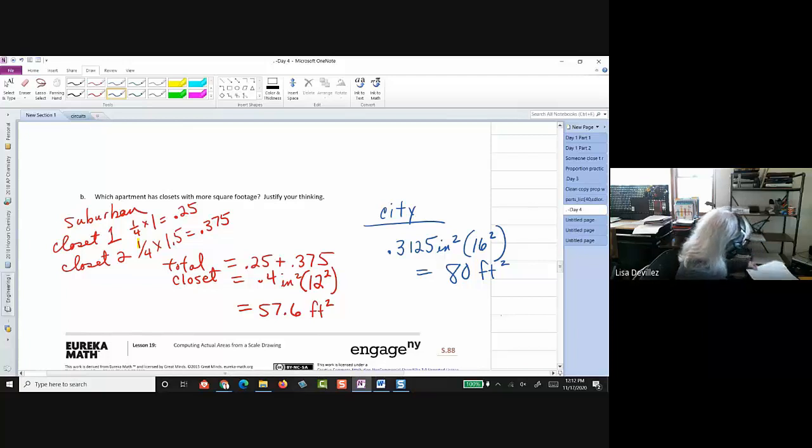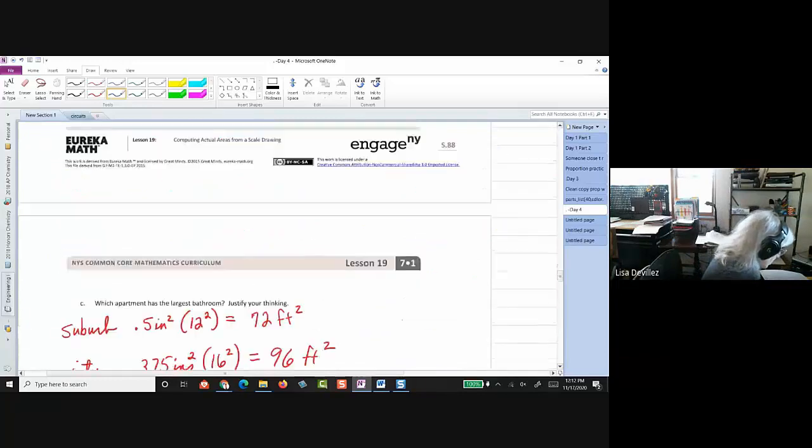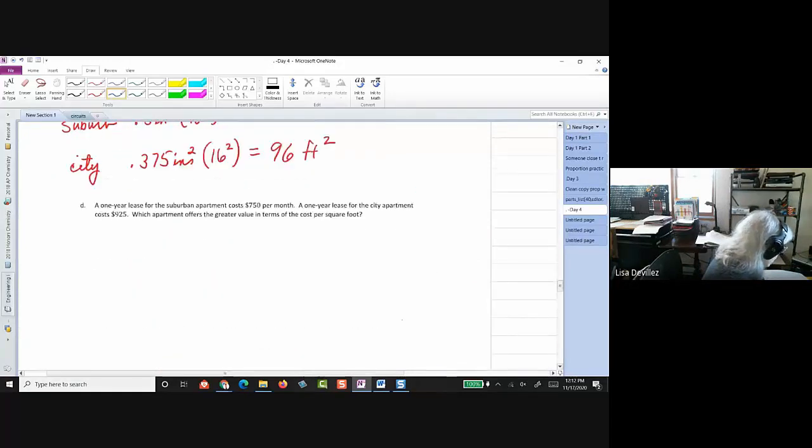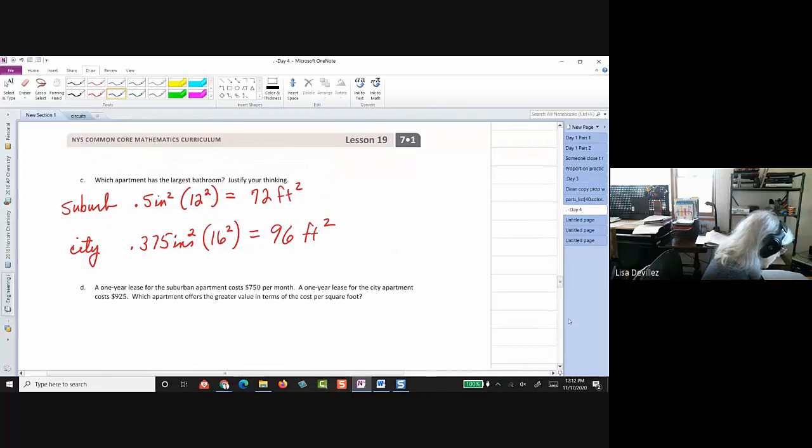Okay, let's see what's coming up here. Oh wait, a 1-year lease for the suburban apartment costs $750 per month.